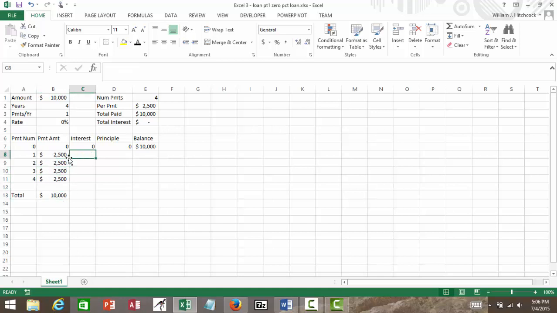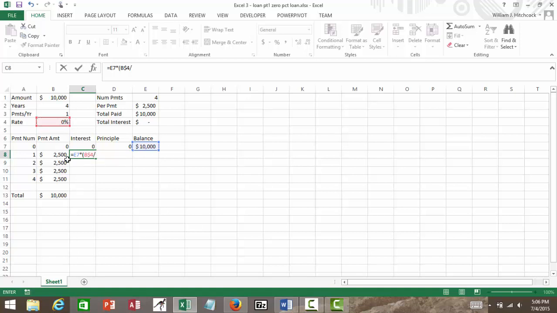My interest is, well, I'm paying 0%, but the way we calculate the interest is we're going to take the balance from the previous period, in this case period 0, and multiply that by my interest rate, but I always want to use that interest rate, so put a $ sign in front of the 4.